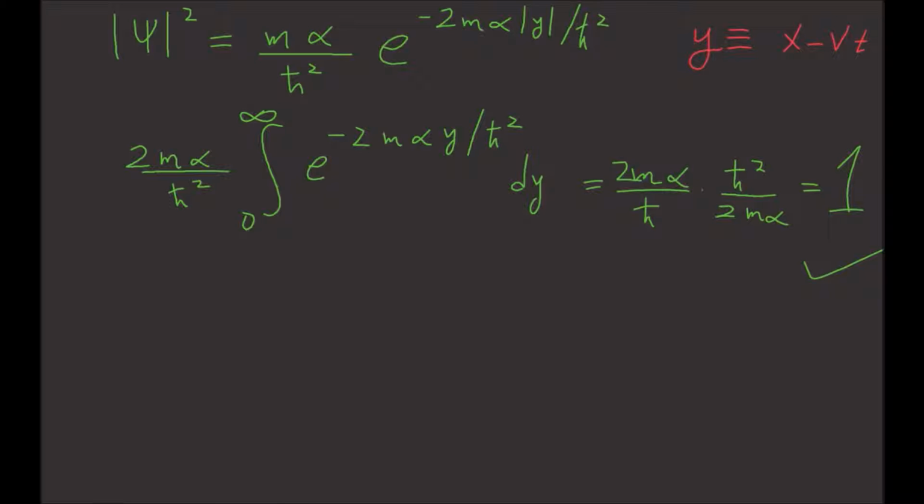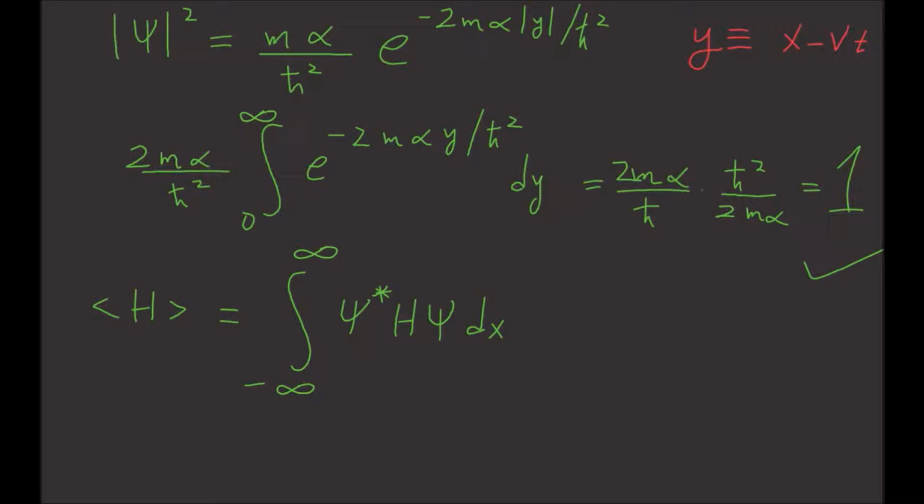So now we have the expectation value of the Hamiltonian, which means we have to sandwich this Hamiltonian between psi star and psi and integrate over all space. So we have psi star and then H times psi dx.